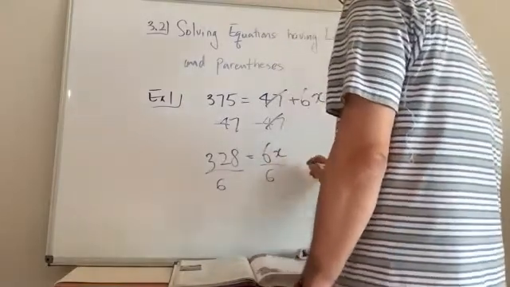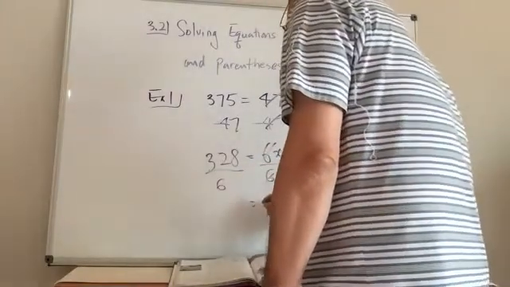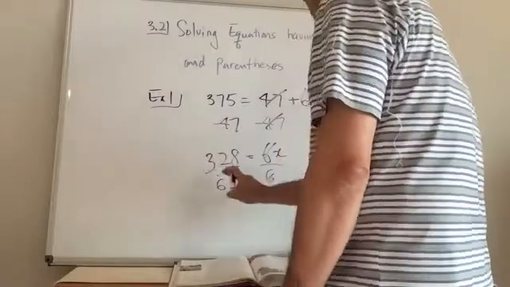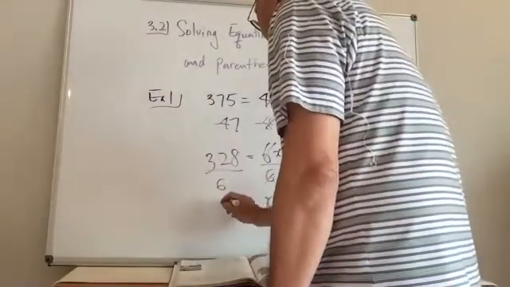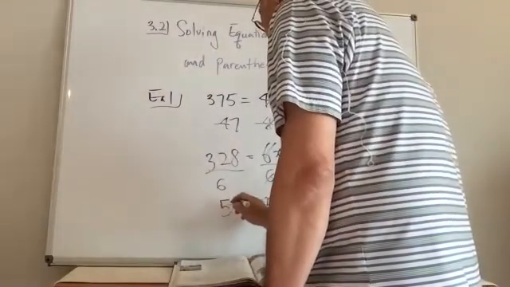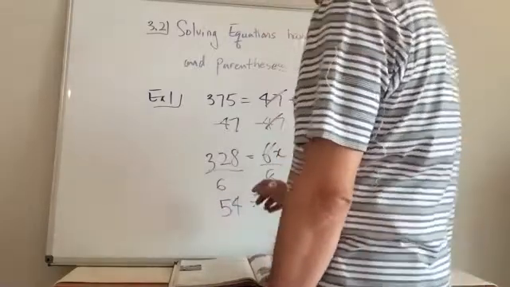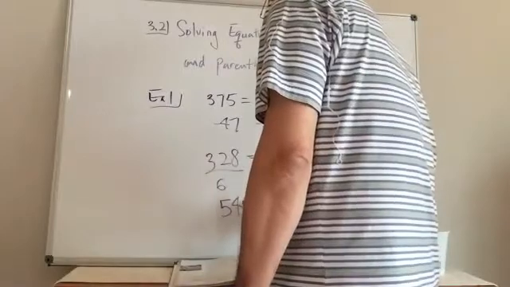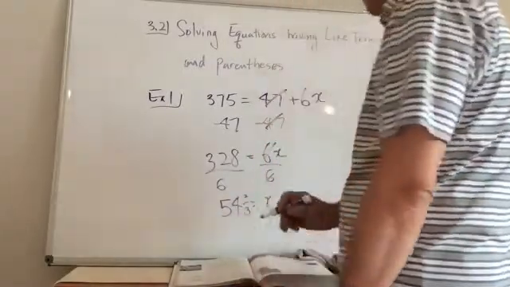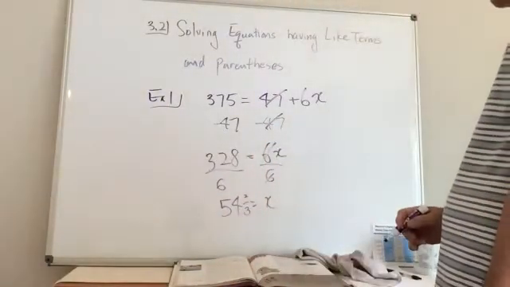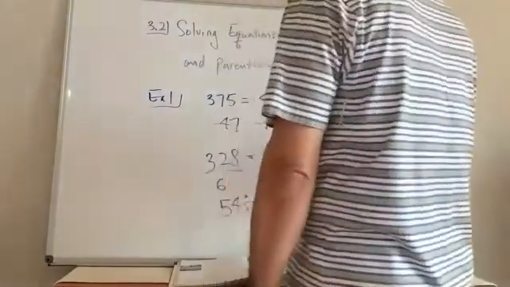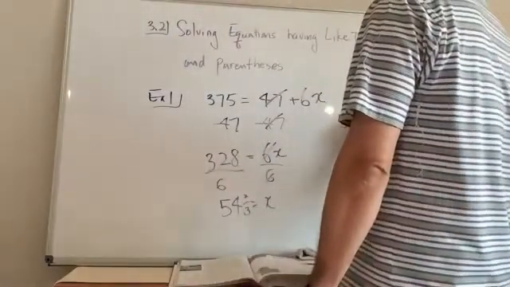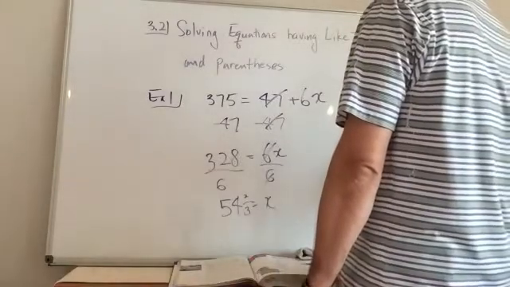So I get x is equal to 54 and 2/3. So x is going to be equal to what? You can only buy up to 54 people, right?